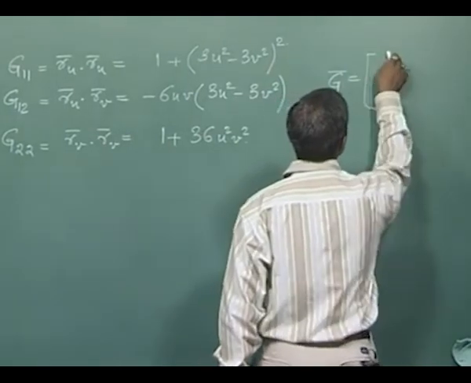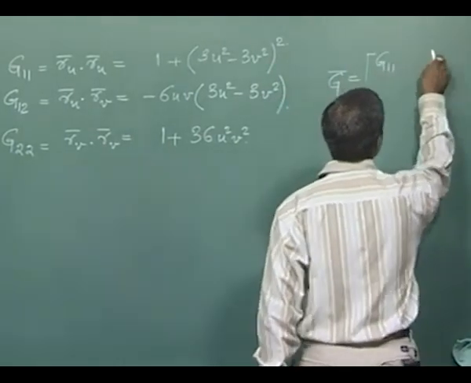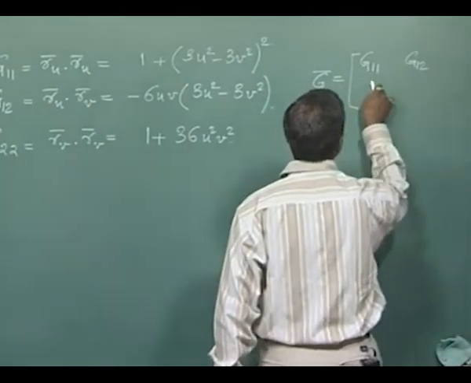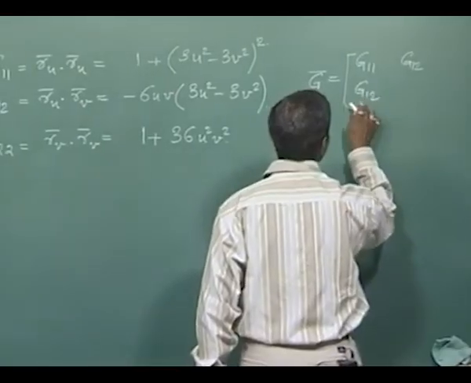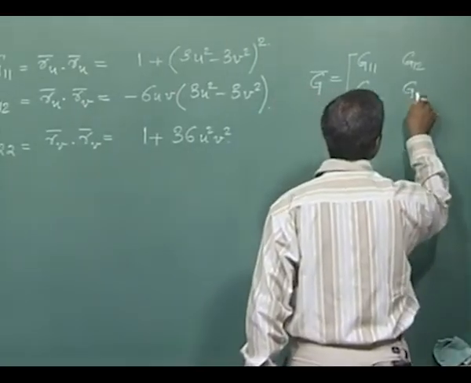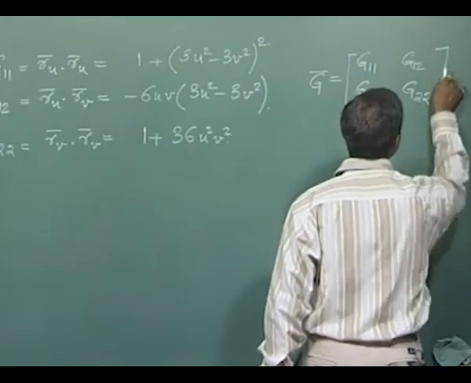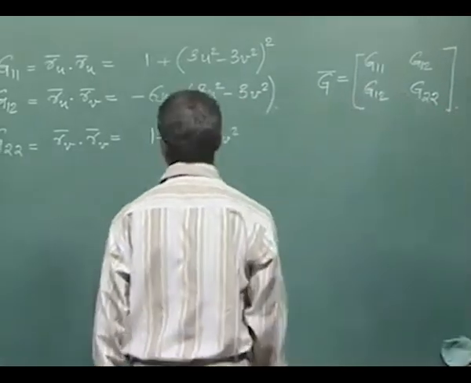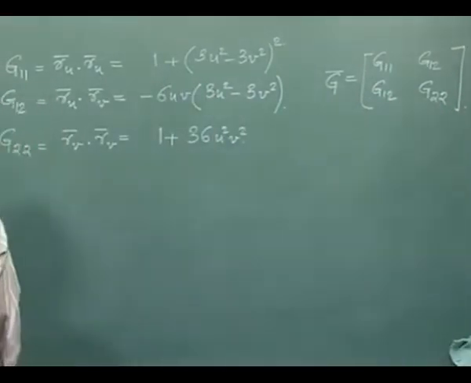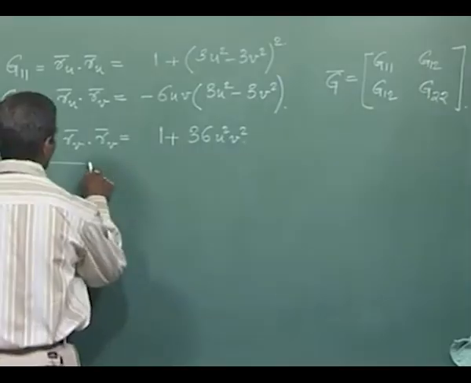You know what the first fundamental matrix is, given by G11, G12, G12, which is the same as G21, G22. How about the second fundamental matrix?